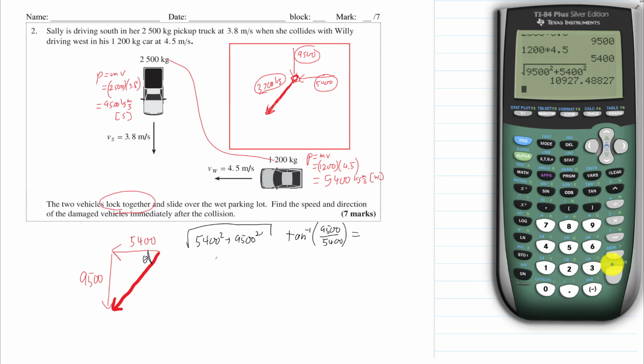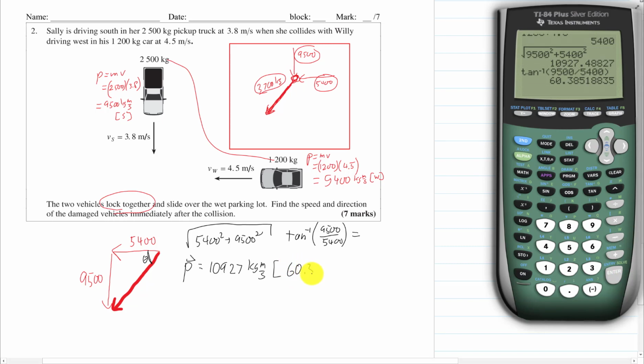And that's going to equal, the momentum vector is going to equal 1,927 kilograms meters per second at an angle of inverse tan of 9,500 divided by 5,400, which is 60.39 degrees south of west.